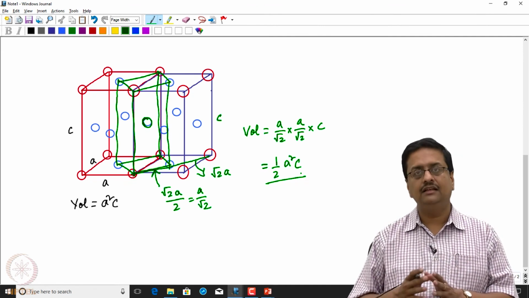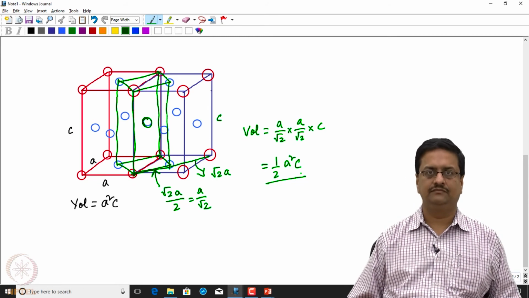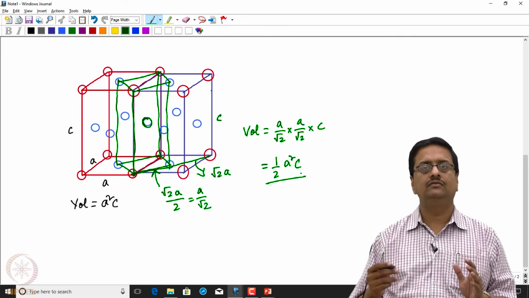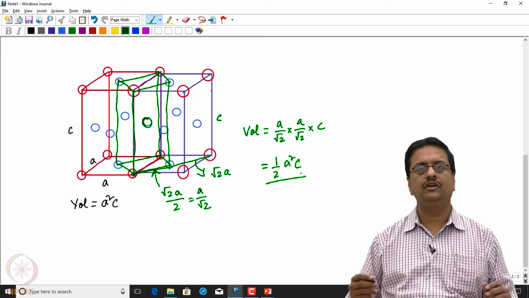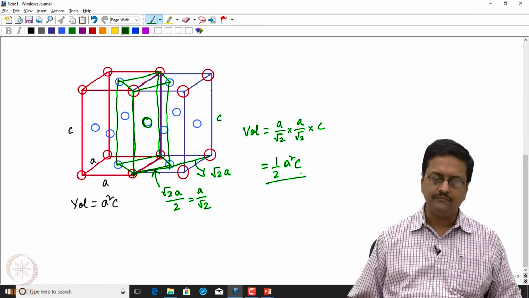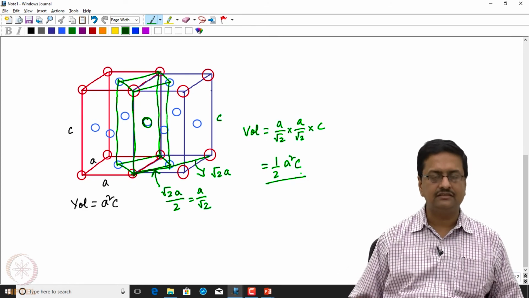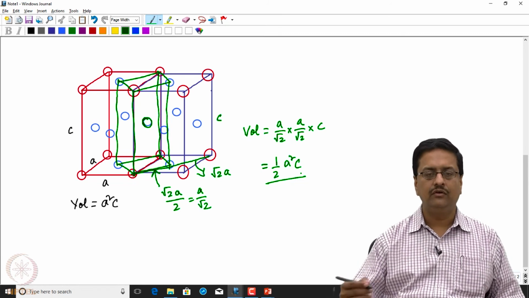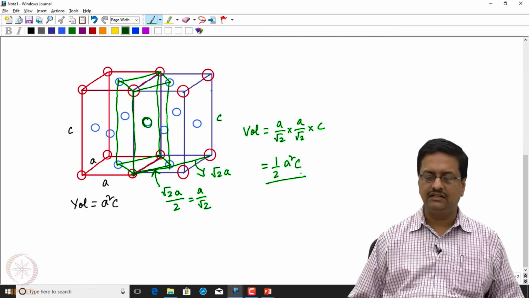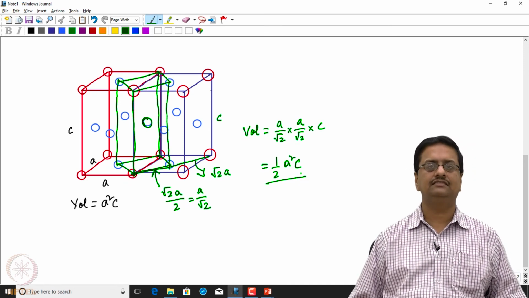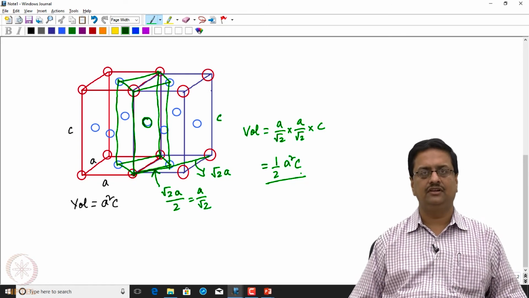And this question arises every now and then when we try to index a crystal system. We should always look at the unit cell parameters and the volume of the lattice that we are getting from crystal data and see which is giving you the lowest volume with highest symmetry. So, suppose there are choices between two different tetragonal lattices, we should choose the lattice which has the smaller volume.